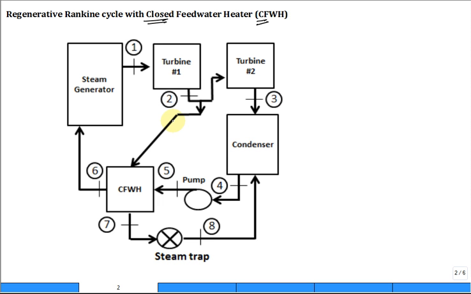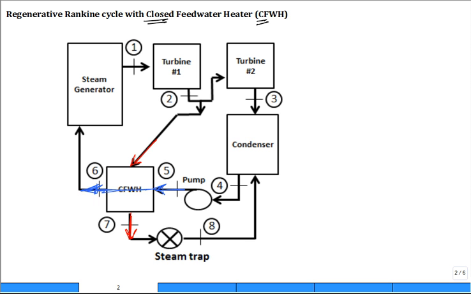We have an inlet at the top and an exit at the bottom, and I'll call that the warm stream. That's the stream that's transferring heat away from itself and into another stream which is coming in at 5 and going out at 6. And these two streams don't mix.